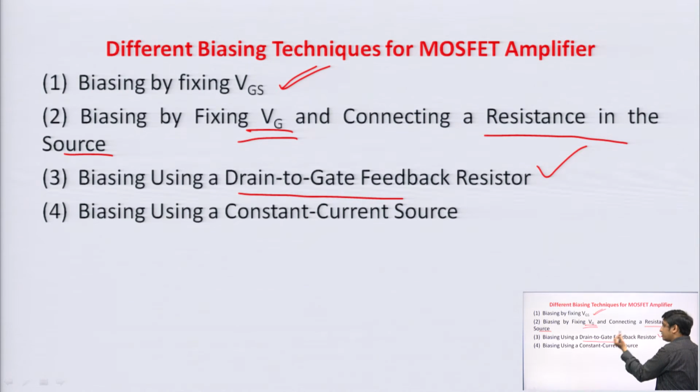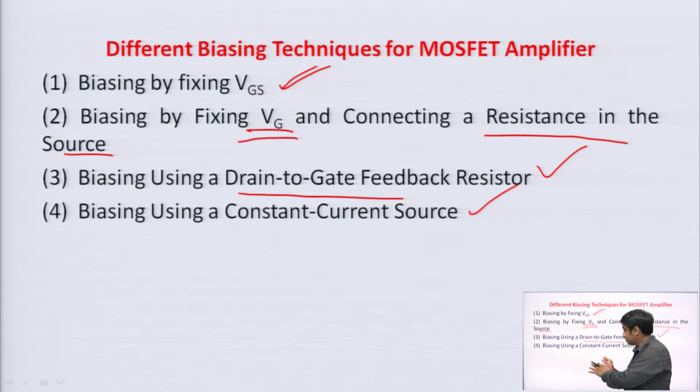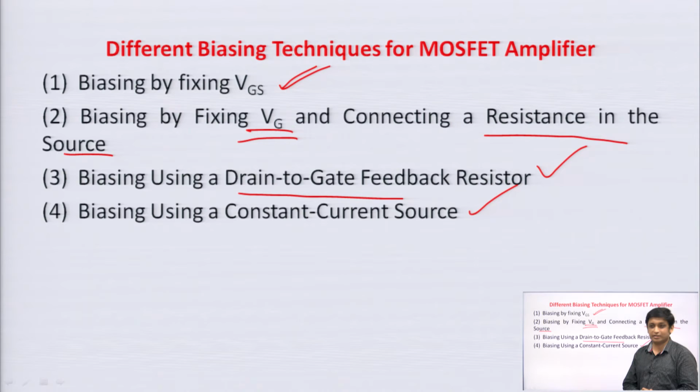Here it is drain to gate. The concept and purpose are the same, only the device has changed from BJT to MOSFET. Next is biasing using a constant current source. In BJT we connect a constant current source at the emitter terminal, and in MOSFET we connect this current source at the source terminal, fine.